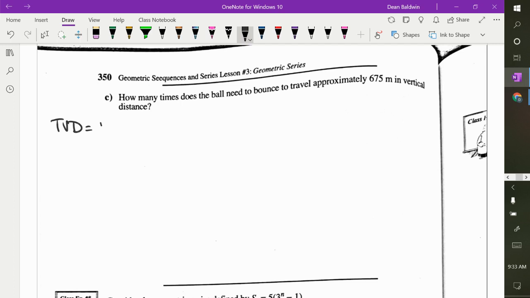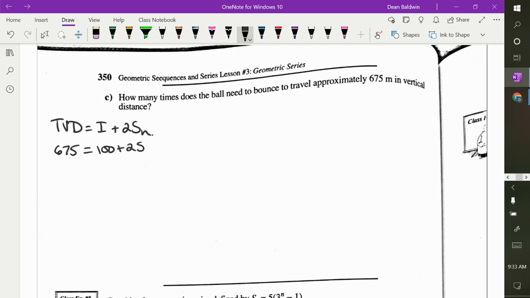So initial height, I'll write I, plus 2SN. I know total vertical distance is 675. I know the initial height is 100.